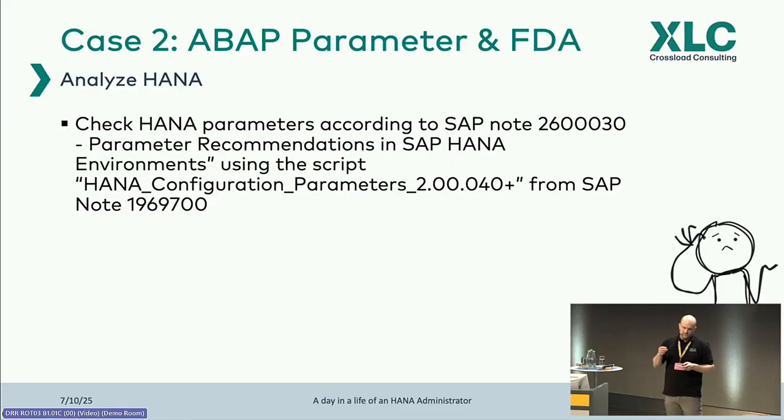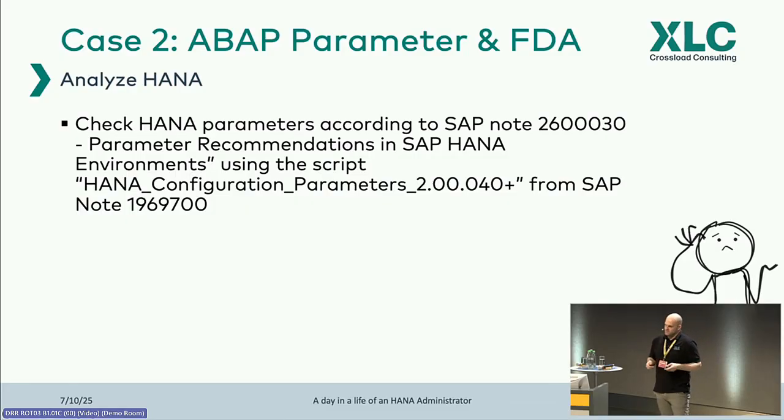Especially if you're migrating newly to the HANA database, or if you're executing a HANA database upgrade, for example in the same support package or an update from SPS 7 to SPS 8, you should always check your HANA parameters, because every time SAP Note 2600030 is updated, it also updates the configuration parameter script, so that you can check your system mostly automatically.